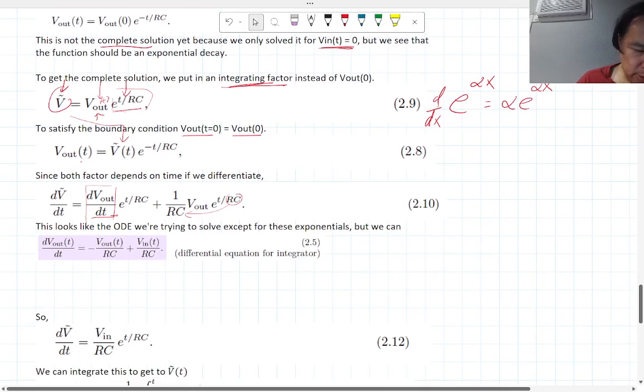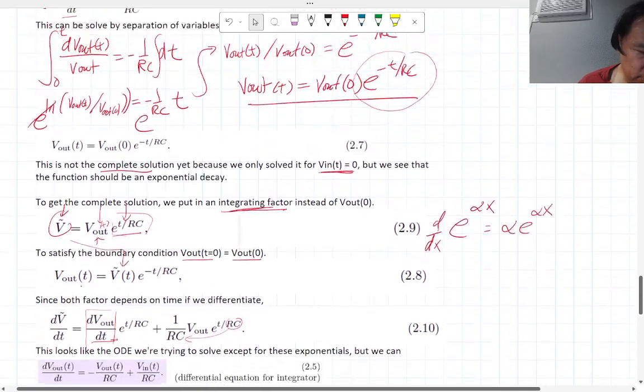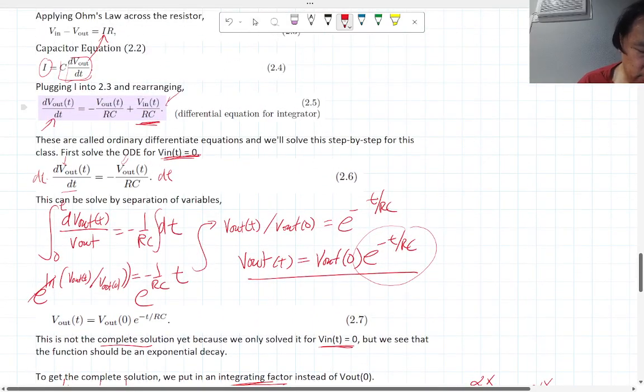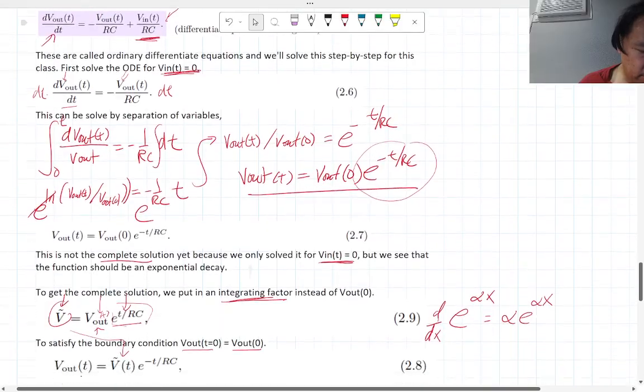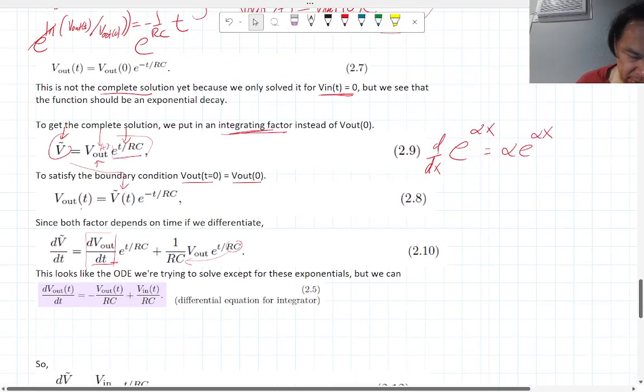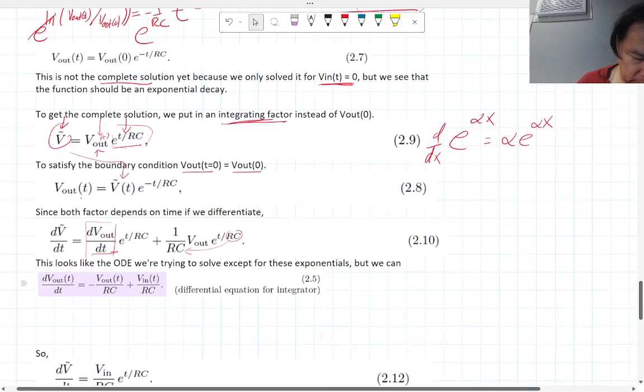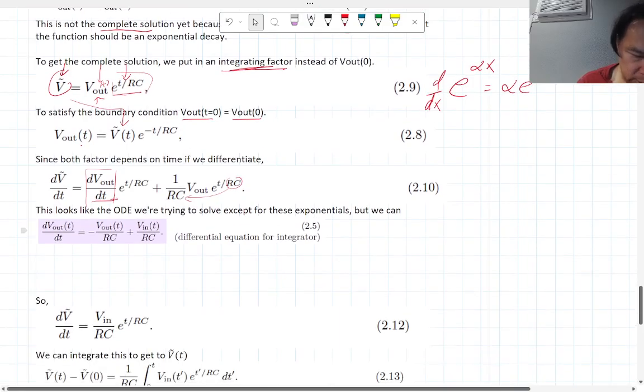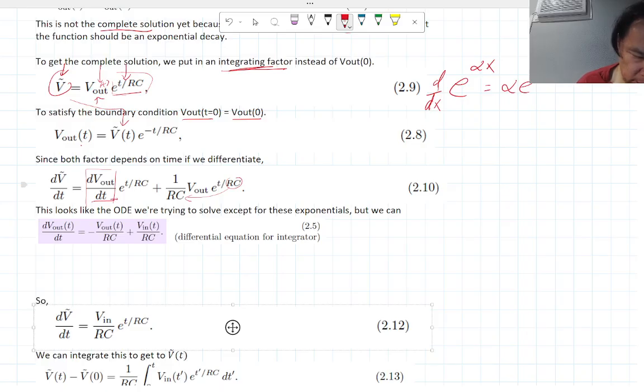So this is looking kind of like our original differential equation that we're trying to solve up here, with the V in. We're going to multiply both sides by e to the positive t over RC, so that we get this equation to look kind of like this one.